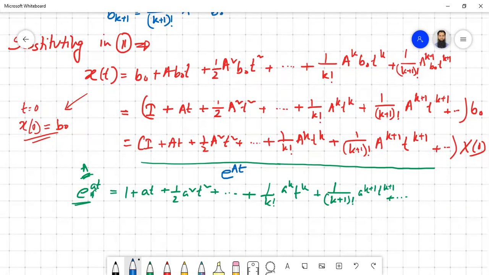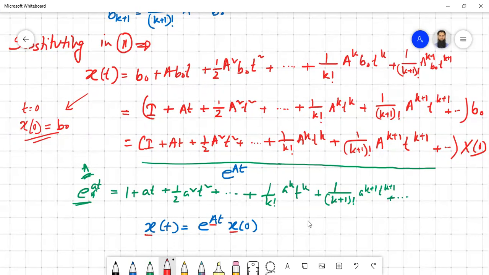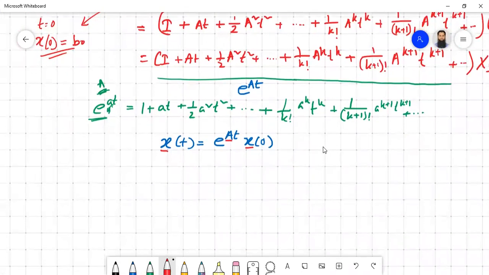So what we'll have finally is x(t) equal to e to the power At, then you have x0. As I already said, some of them are vectors, some are matrices, so we have to underline them, but throughout the derivation we will not actually use that; rather, we'll be using this notation later.